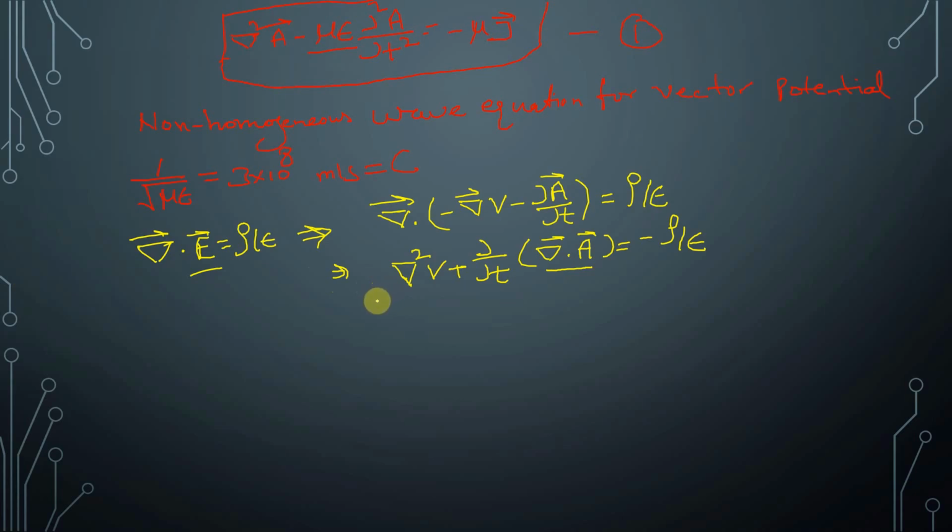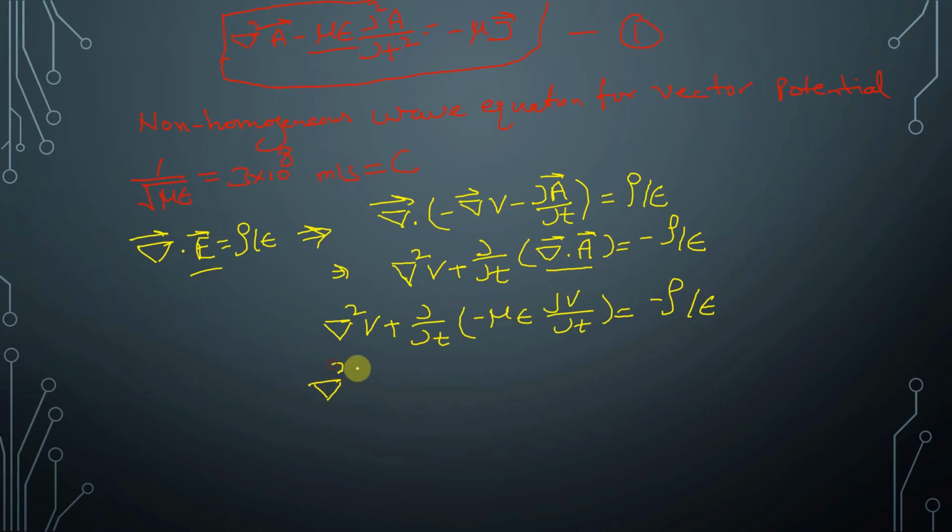Put that value here. So we will get del square V plus curl by curl T of minus mu epsilon curl V by curl T is equal to minus rho by epsilon. So solve it, open this bracket, multiply and rearrange this.